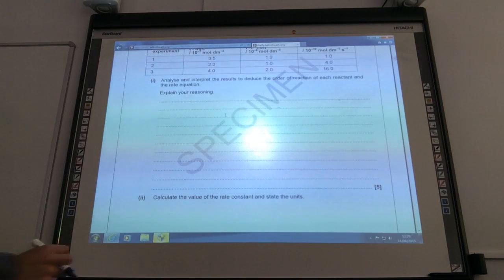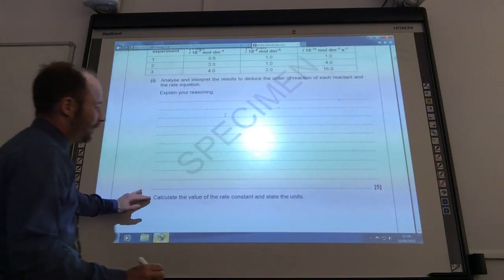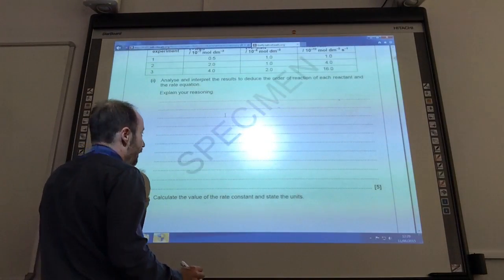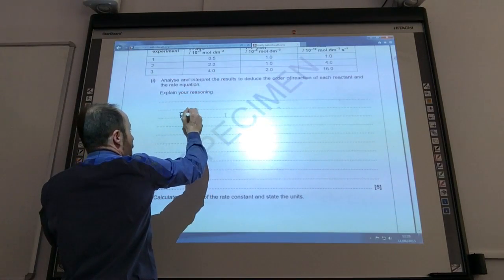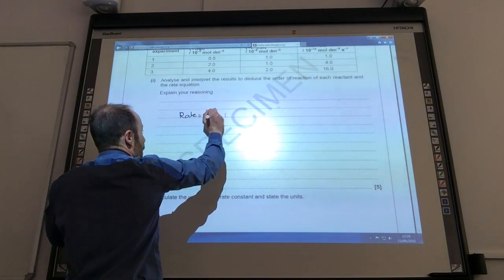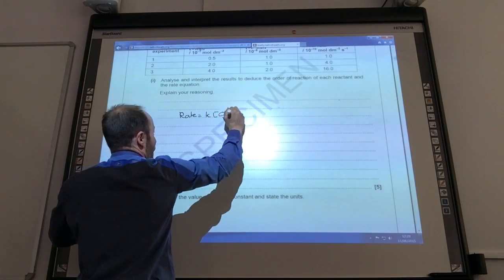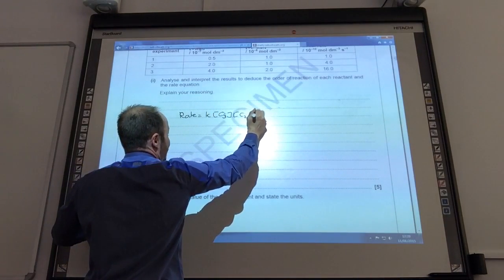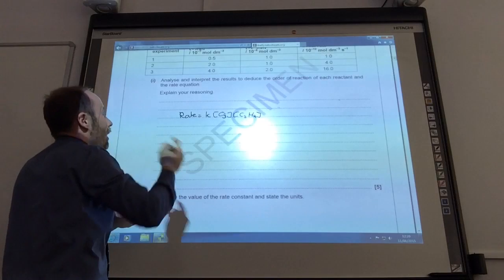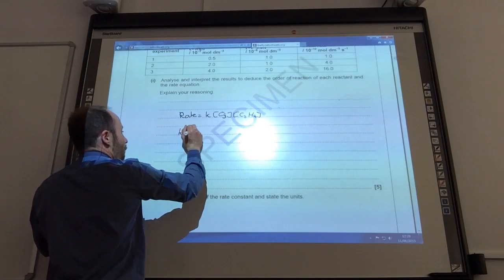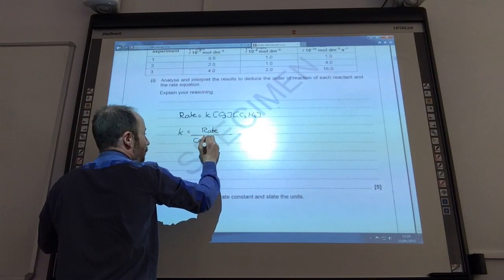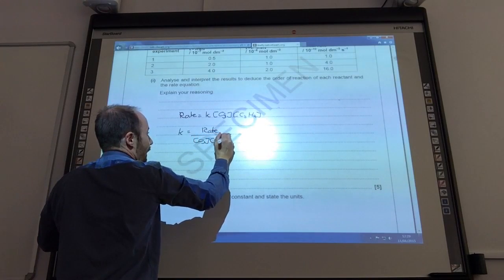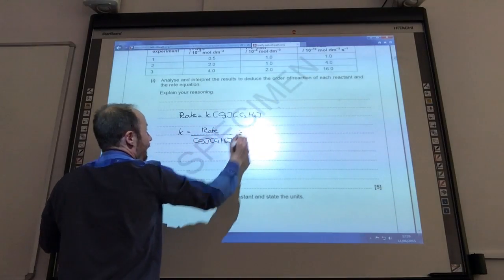For the next question, I need to calculate the value of the rate constant and state the units. I've got the table up on the board because I'm going to use that data. So we know from the last question that we have this as our rate equation. So I can rearrange that the rate constant is equal to the rate divided by the concentration of ozone and the concentration of ethene.